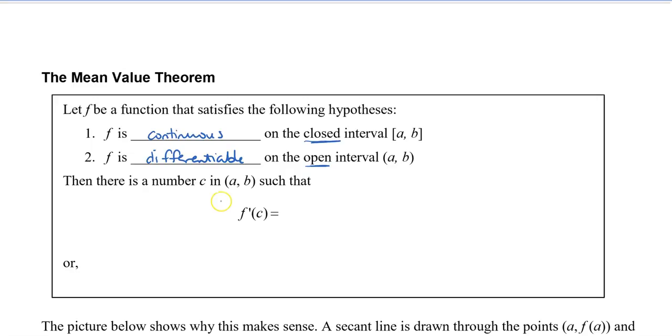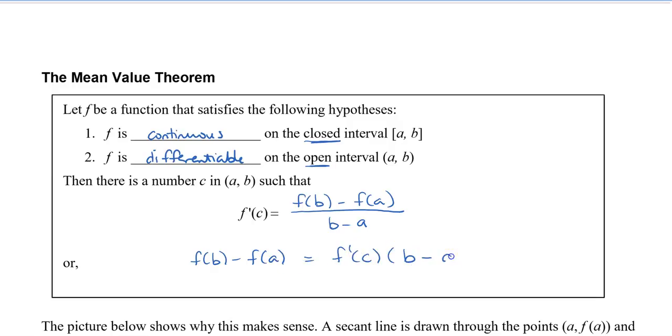When this happens, there's going to be a number c from a to b such that the first derivative f'(c) is equal to f(b) minus f(a) divided by b minus a. So it's saying that the first derivative is equal to the slope. Or, in other words, we can also say that f(b) minus f(a) equals f'(c) times b minus a.